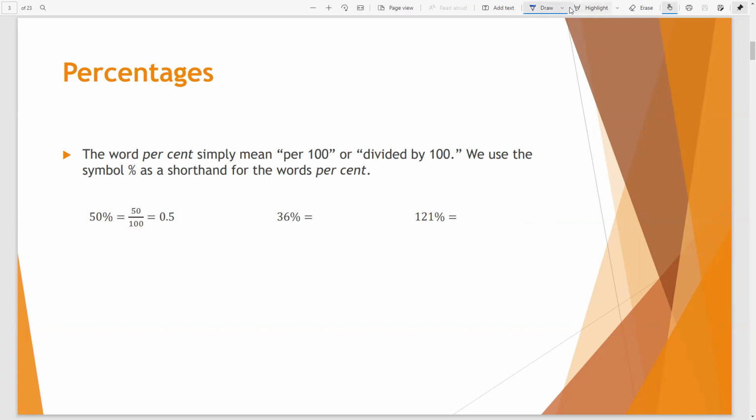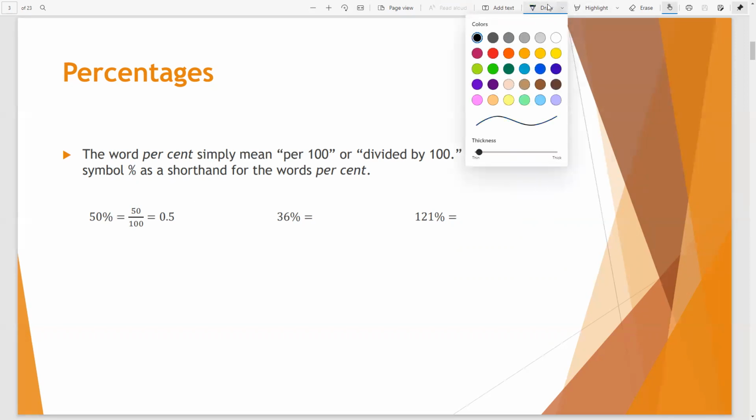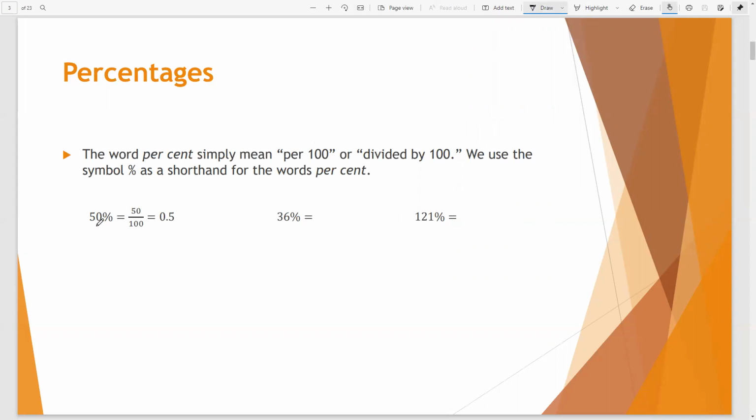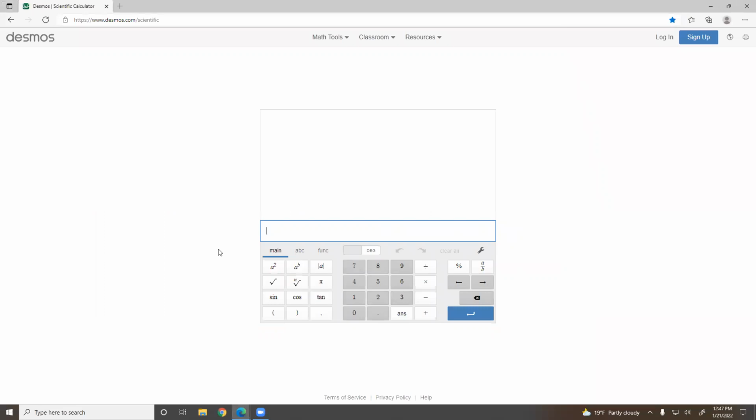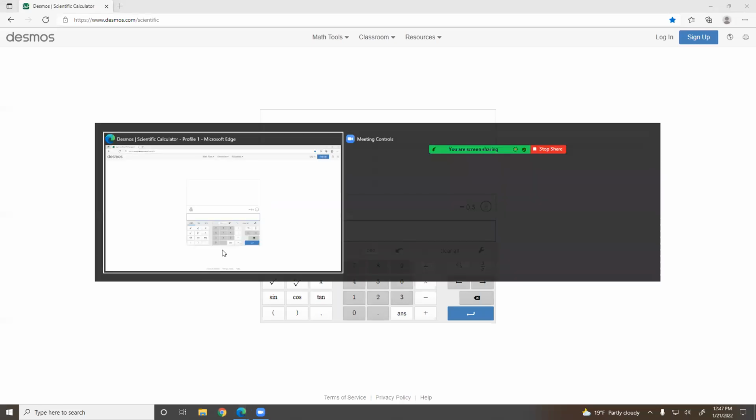Right, so we have 50%, for example. That's just 50 divided by 100 equals 0.5. You could use a calculator to do your work: 50 divided by 100 gives you 0.5.